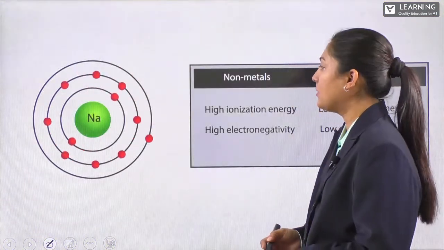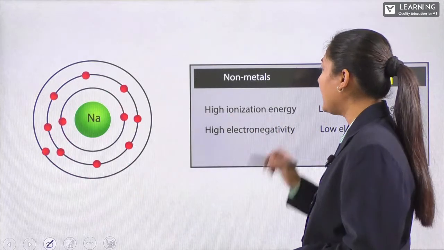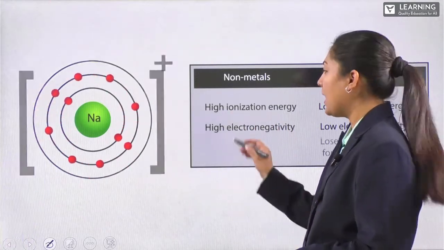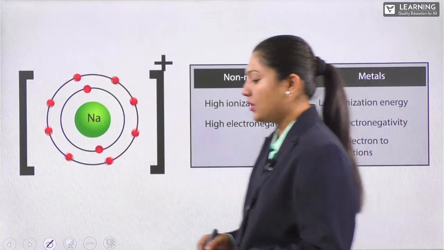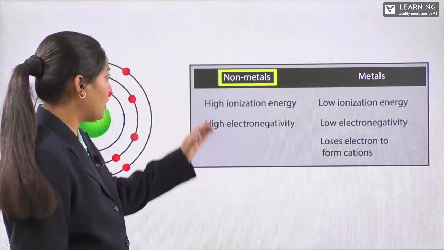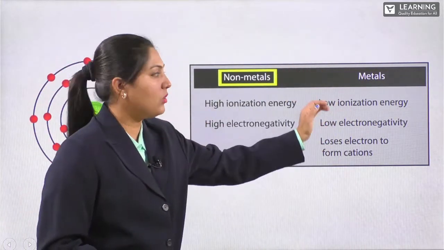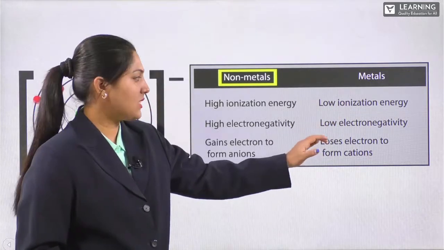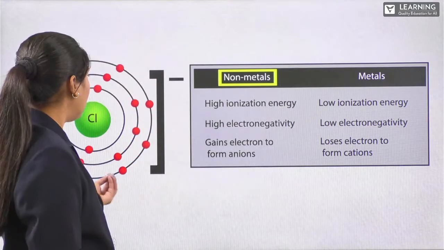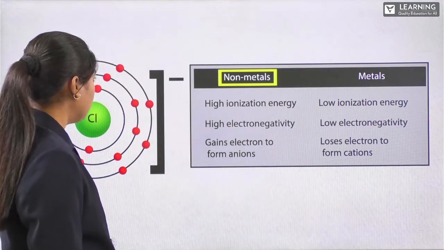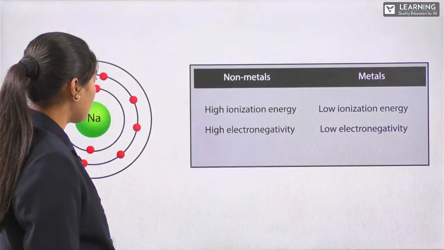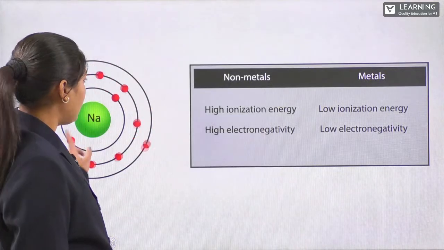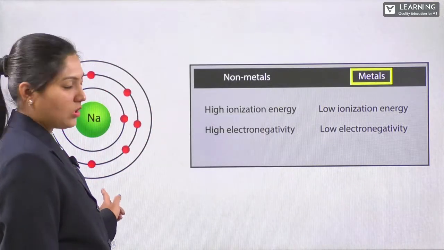So here we have non-metals which are having high ionization energy and high electronegativity, whereas for metals we have low ionization energy, low electronegativity, and when they lose the electrons, if we see here, when metals are there, we'll be having only 1 electron in the outermost shell.